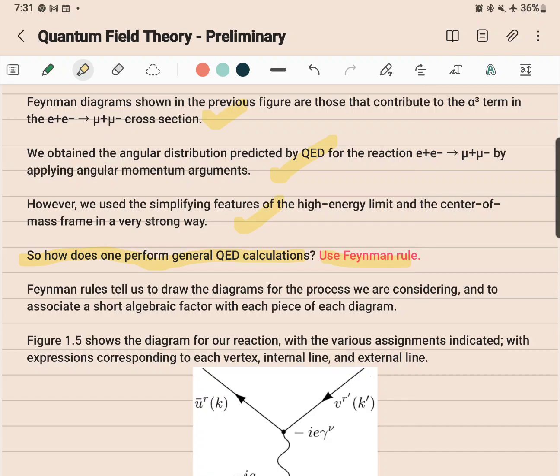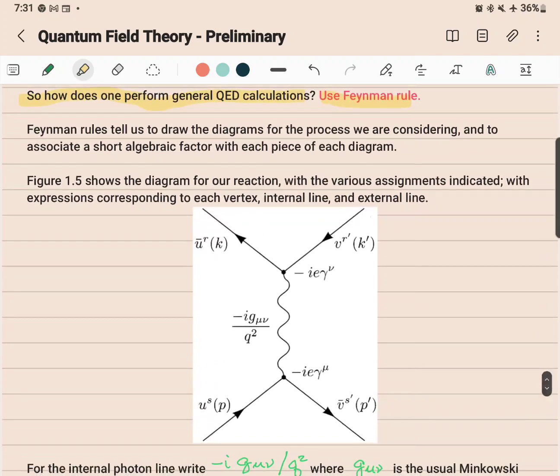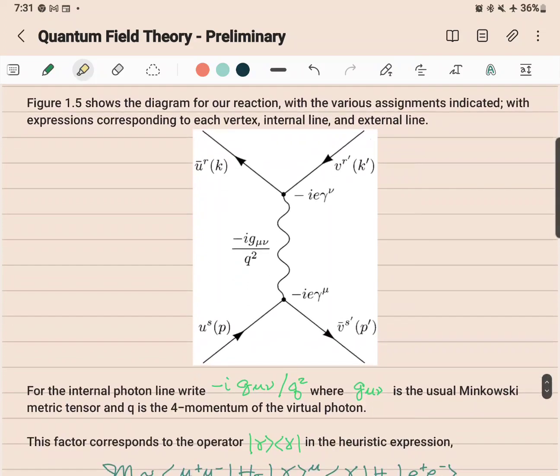By the way, if you go to the next order, you have to multiply by alpha squared, and if you want to consider the next order, you have to multiply by alpha cubed, and so on.